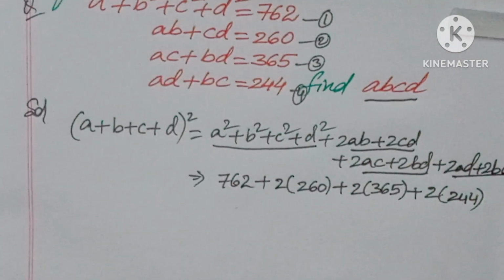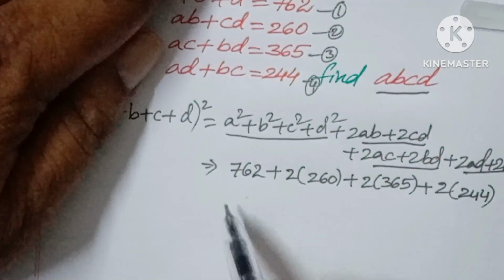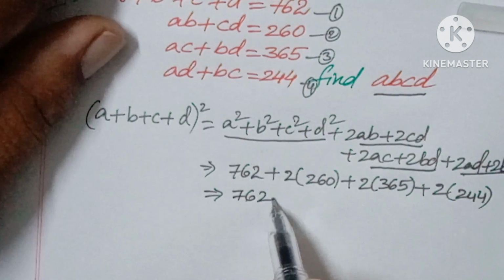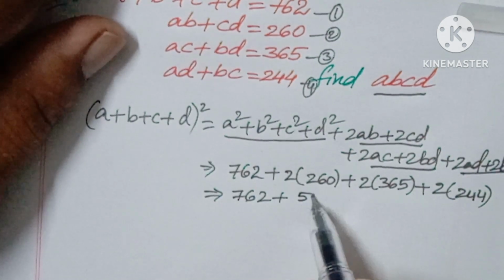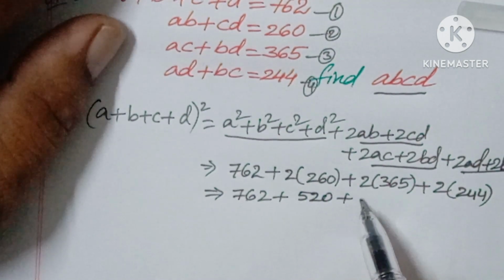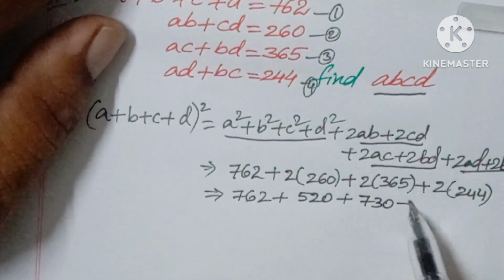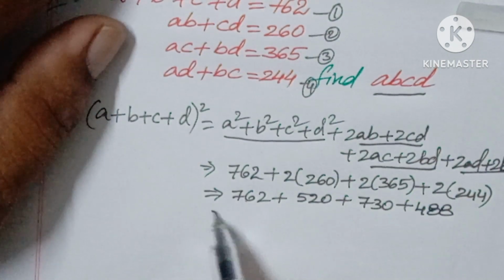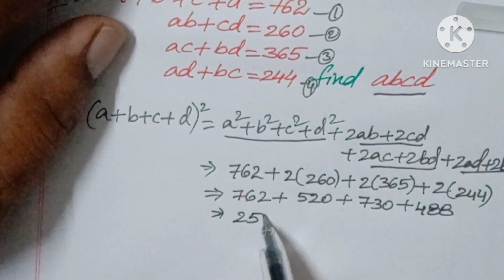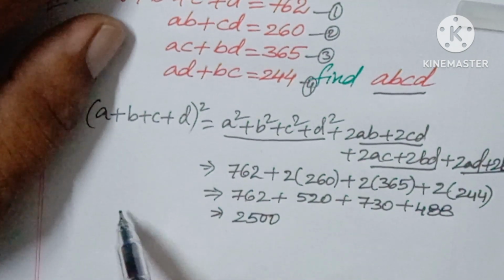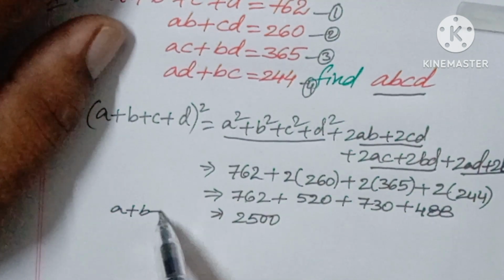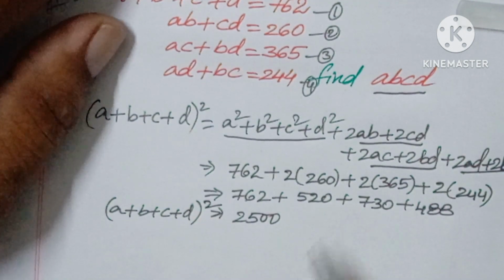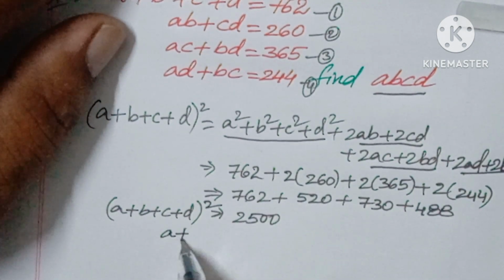So here if you add all these values, you'll get 762 plus 520 plus 730 plus 488, which gives the value 2500. (a plus b plus c plus d) whole square is equal to 2500.